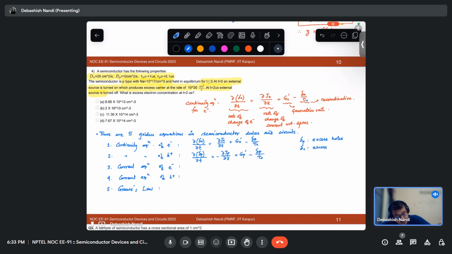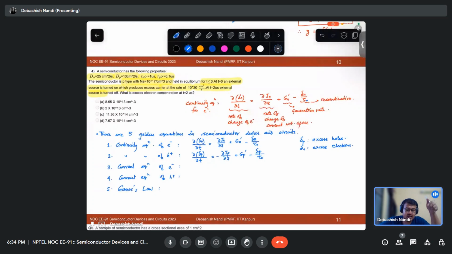excess electrons. How do you have excess electrons and holes? By some other mechanism. Through doping, you will not have excess holes and electrons. You need to add some other sources, right?